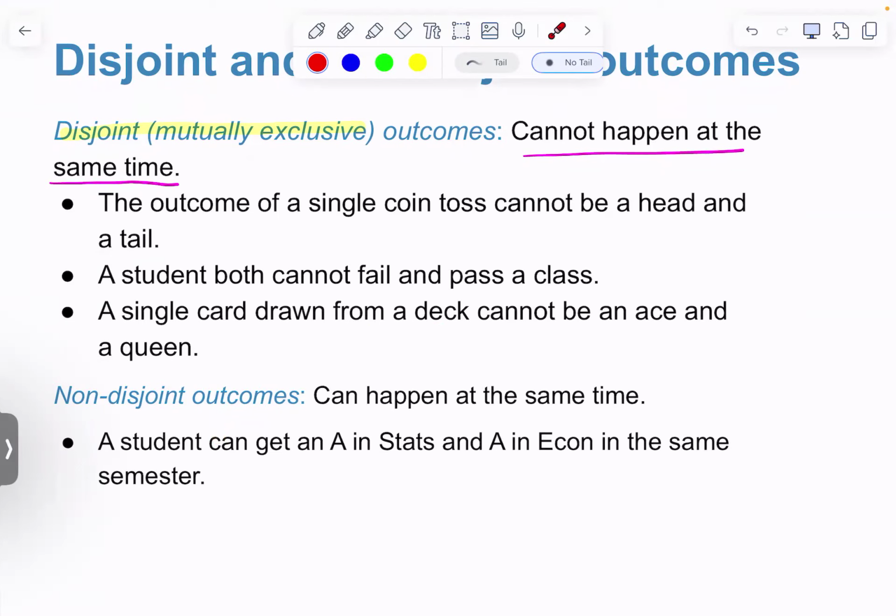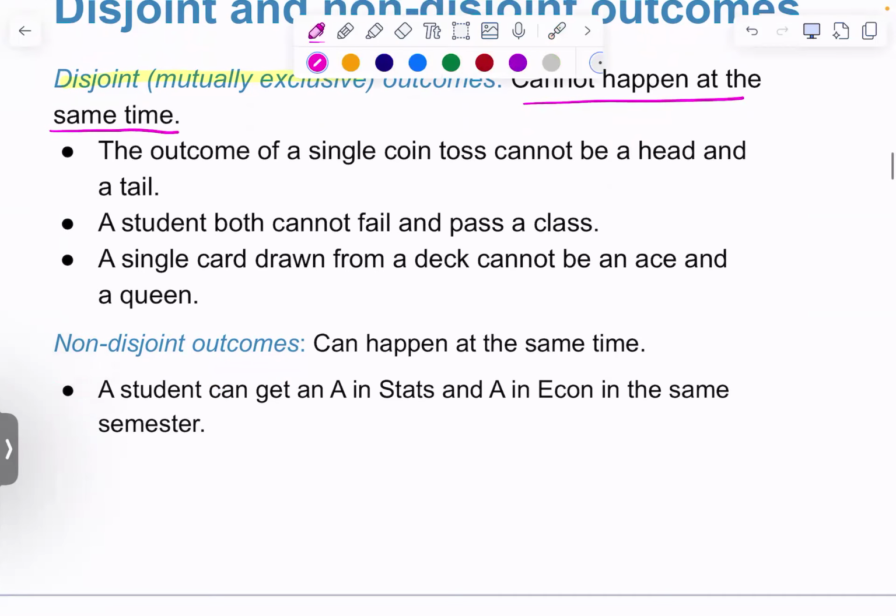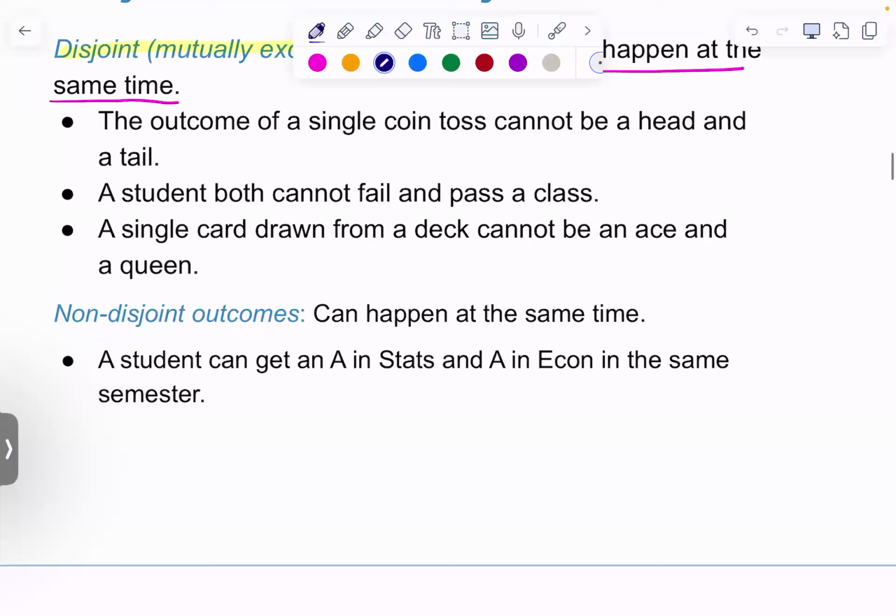You can get an A in stats and an A in econ in the same semester, right? If we think about cards, another example: a card drawn from a deck can be an ace and it can be a red card, right? There are red aces.